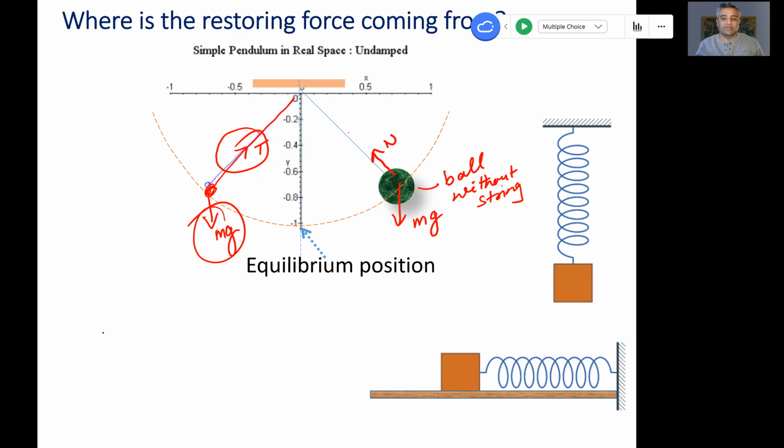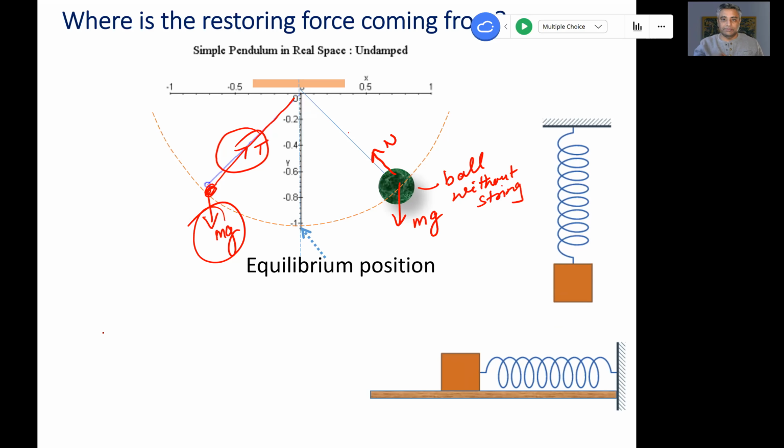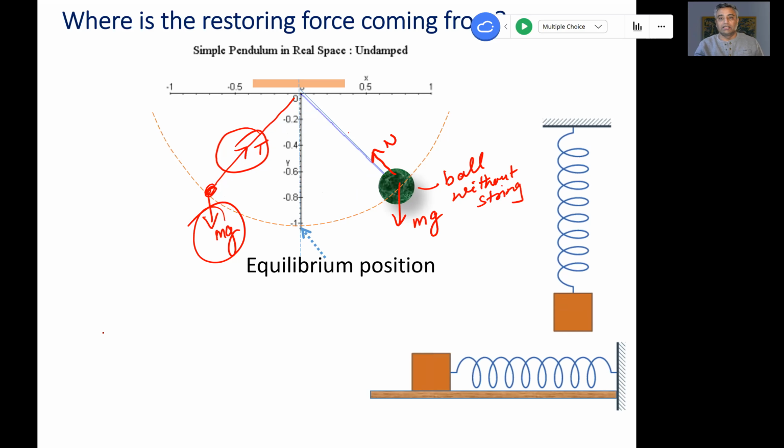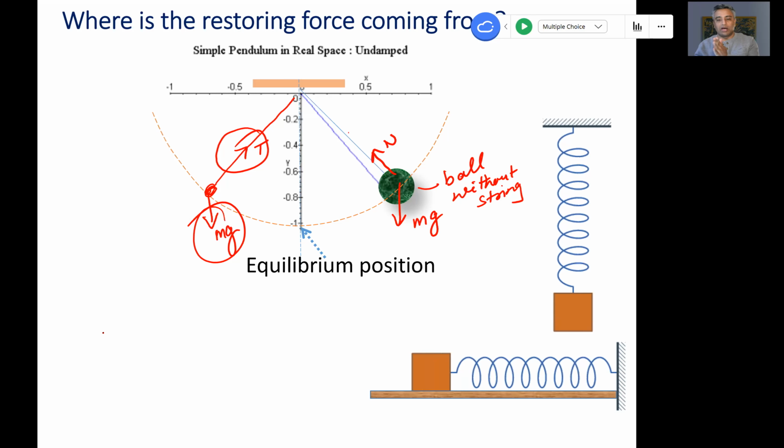It's easier to demonstrate vertical oscillation, but it is easier to mathematically work with the horizontal oscillation. But they are equivalent as long as we are talking about oscillation about the equilibrium position.